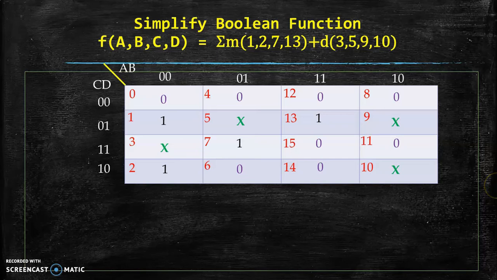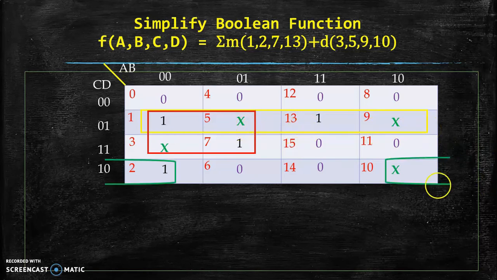So now let us start making groups with don't care conditions. Suppose we prepare one quad. If we use both the don't care conditions 3 and 5 as a 1, then we can prepare one quad like this. We have another possibility of a quad. If we use the don't care conditions 5 and 9 as a 1, then again we can prepare one quad.